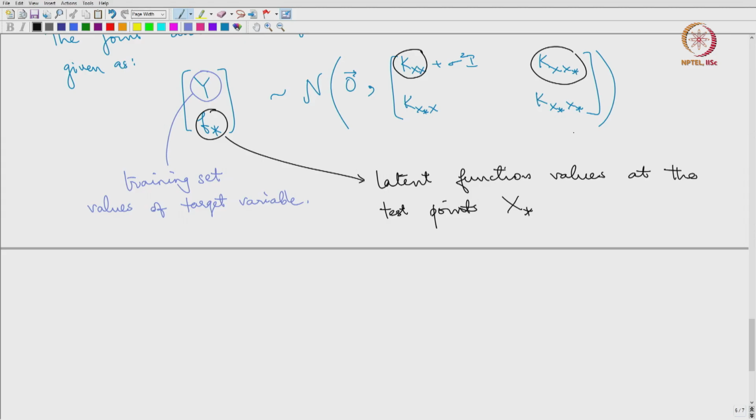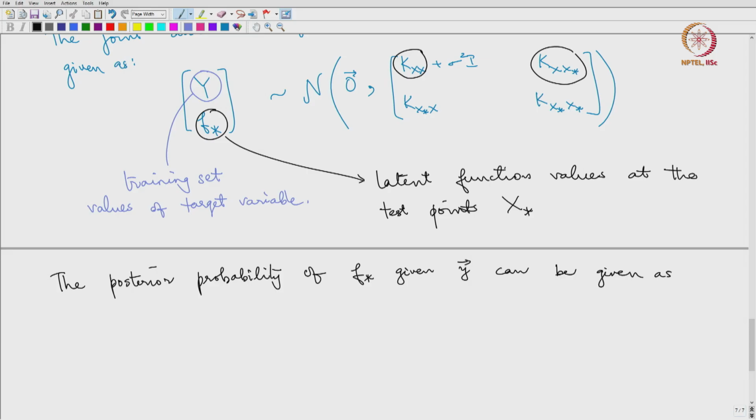Okay. And now you can show that the posterior probability of f star given y, right, all the training data, is given as: f star given y follows a normal distribution with mean mu star and covariance sigma star.